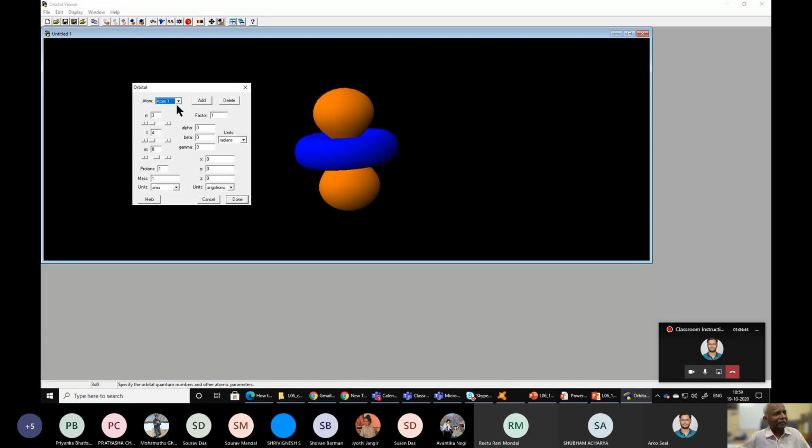You can mix two orbitals by simply adding. So I'm going to add now. This is the dz squared orbital. I'm going to add now, and the second atom is positioned in the same place. I'm going to keep it as a proton.